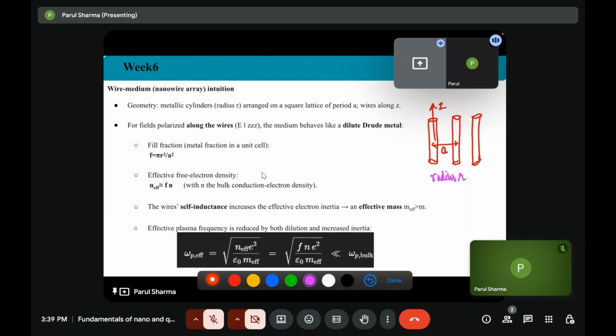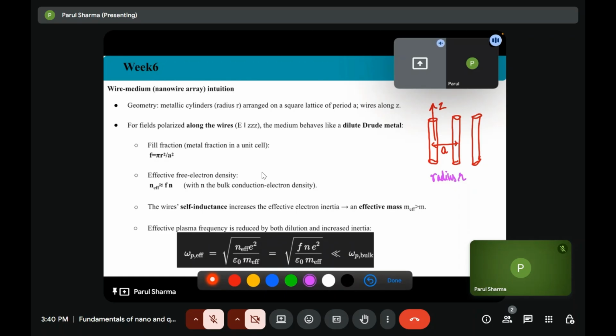And one more aspect is that electrons are not really entirely free to move, because there is a self-inductance associated with the nanowire, and that causes the electron to behave as if it has a slightly larger effective mass. So we have to consider the effective mass in place of the original mass.